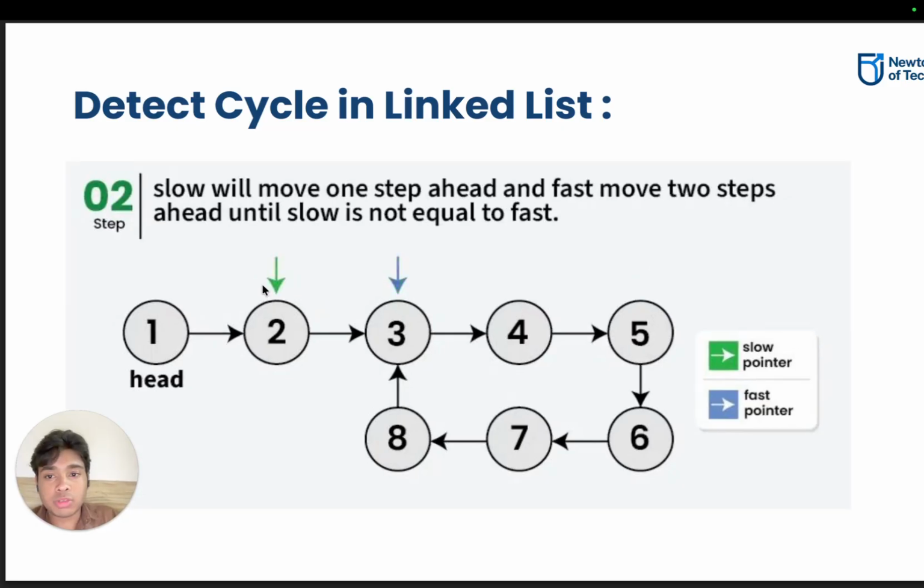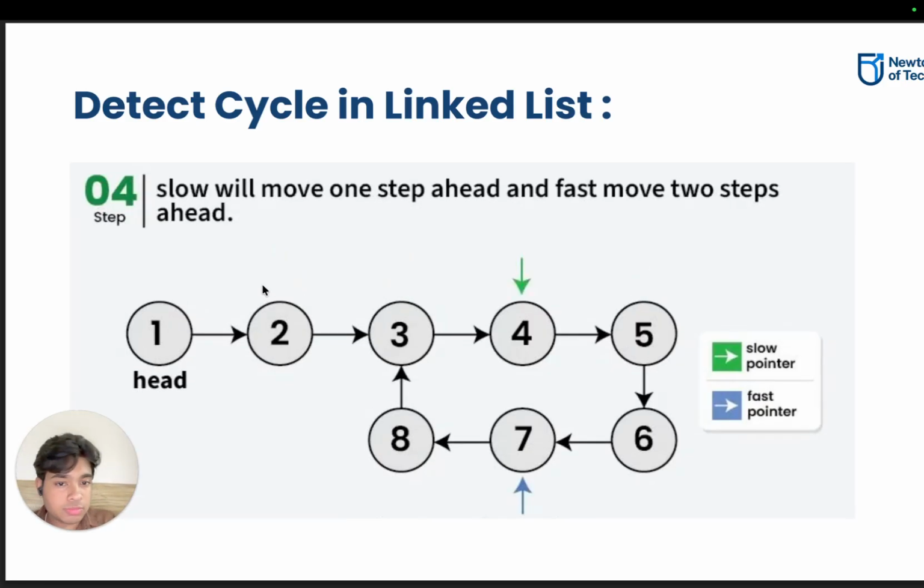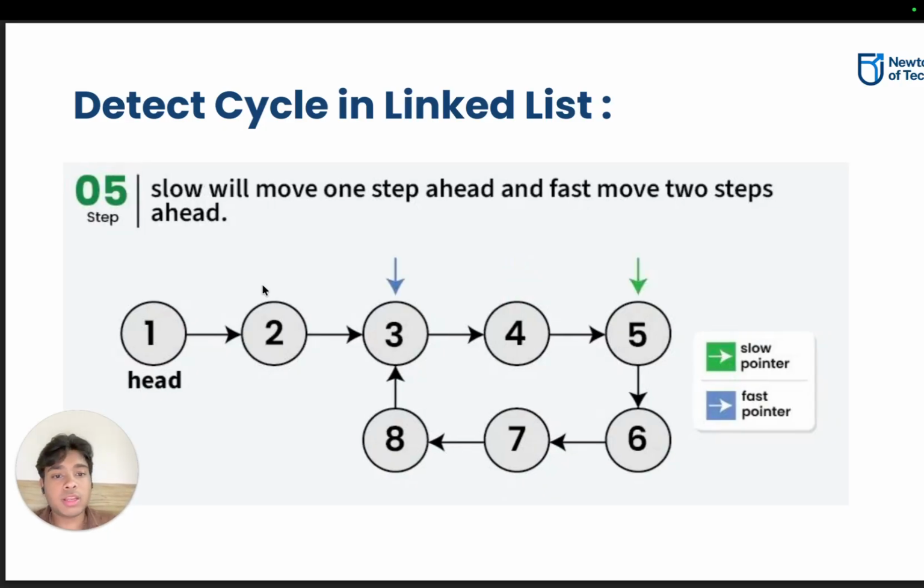So you can visualize the diagram also. The slow pointer is on 2 and the fast pointer is on 3. Again, the slow pointer is on 3 and the fast pointer is on 5. Now the slow pointer is on 4 and the fast pointer is on 7. Again, the slow pointer is on 5 and the fast pointer is on 3.